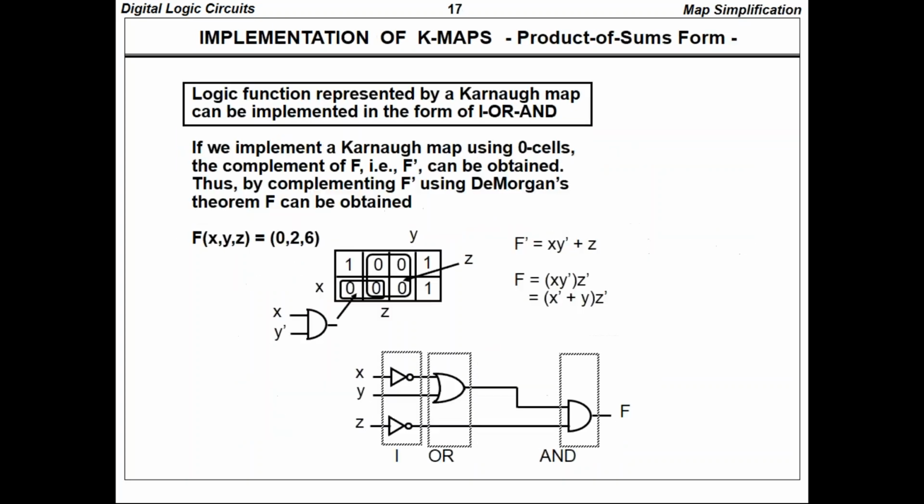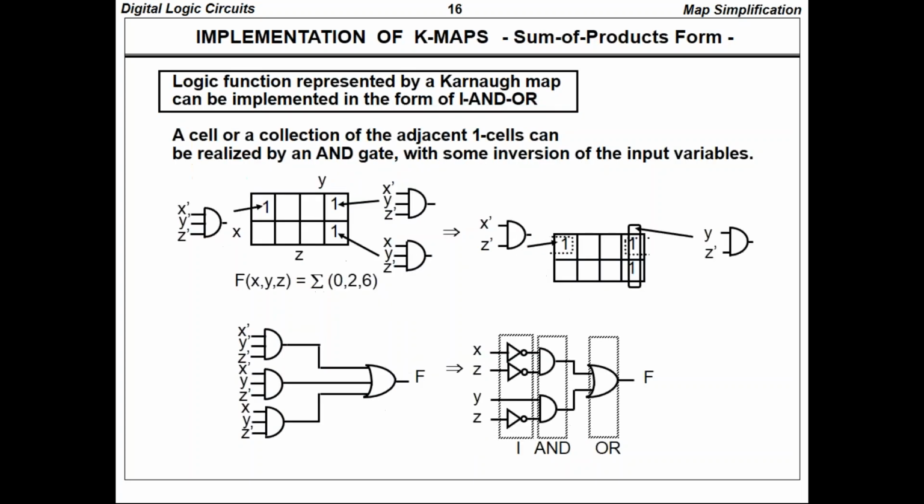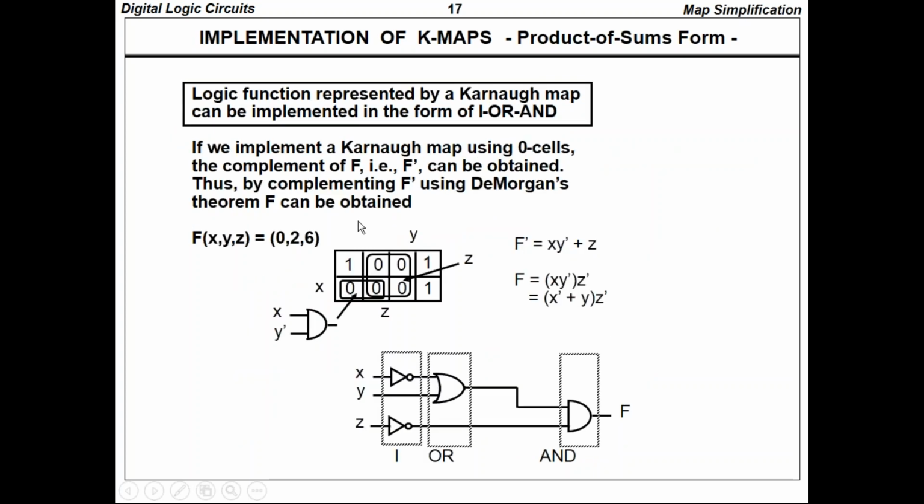So the next one is product of sum. In sum of product, we consider all the outputs that are one, and we group those values. But in product of sum, we consider the zeros, and we group those zeros. That is the difference between sum of product and product of sum.